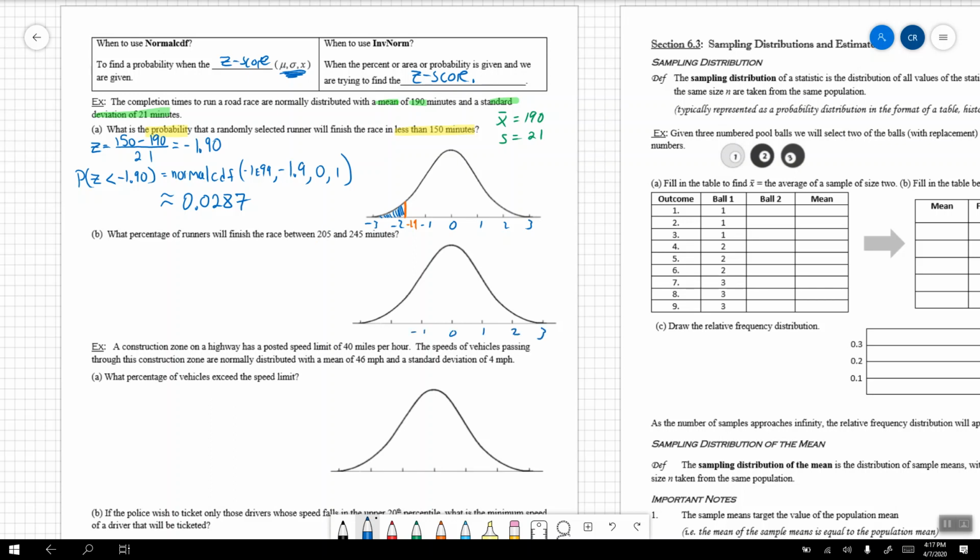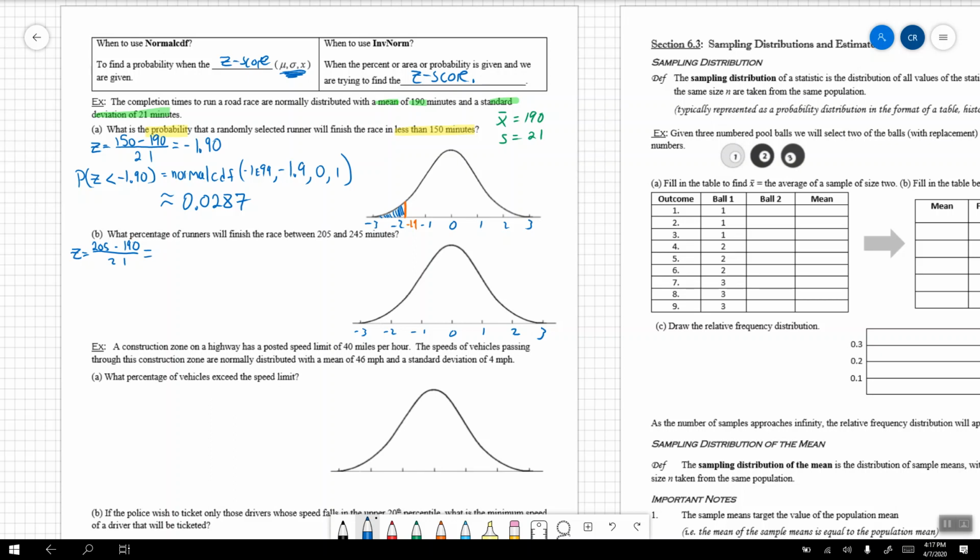That's 2, that's 3, -1, -2, -3. And let's standardize these values. The first z-score I want to find is, what is 205 going to be as a z-score if the mean is still 190 and the standard deviation is still 21? And what is the other z-score going to be? I'll figure that out in a bit.